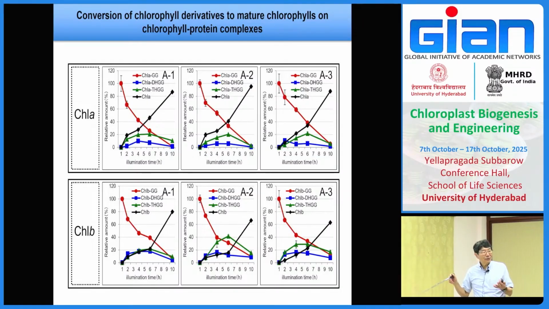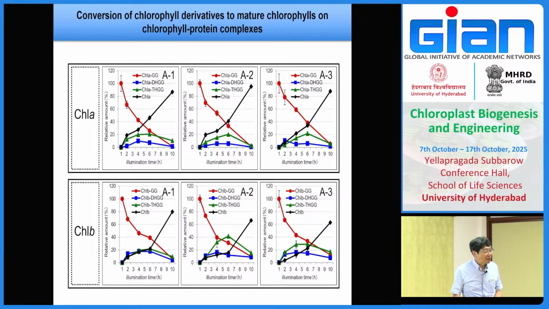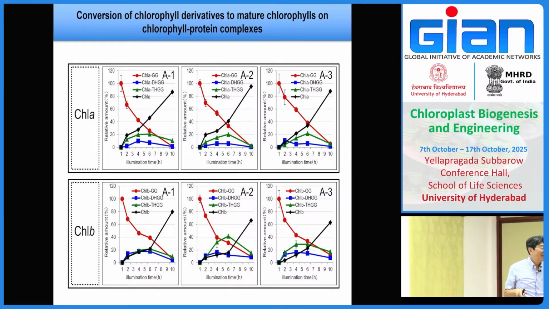This suggests that not only chlorophyll A and chlorophyll B, but geranylgeranyl chlorophyll A and B are integrated into chlorophyll protein complexes without waiting for conversion. Because these are very hydrophobic, they are integrated immediately after synthesis, but then converted to chlorophyll A in the chlorophyll protein complexes.